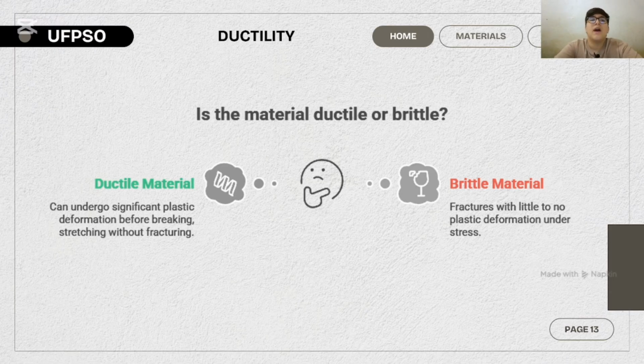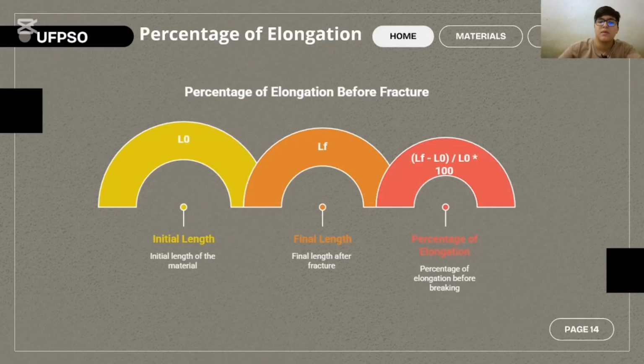Generally, this can be determined using two methods. The percentage of elongation is measured with the following formula: Lf is the final length, L sub 0 is the initial length, times 100.